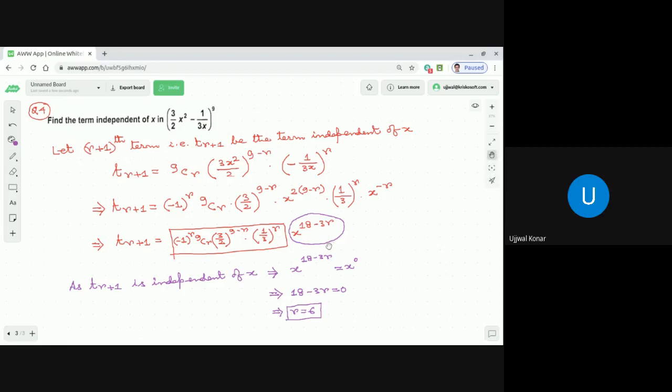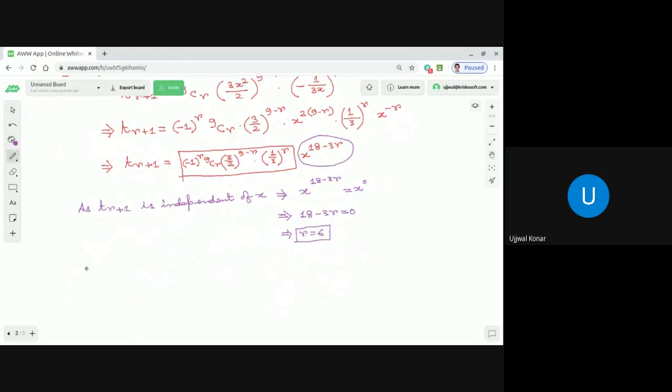So from here, we can say that the 7th term of the given expression is independent of x.